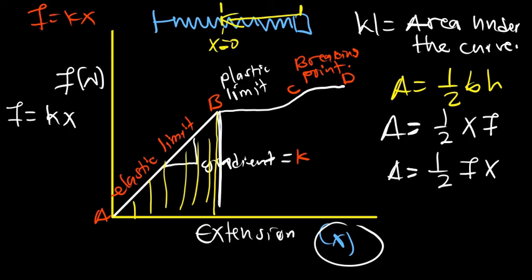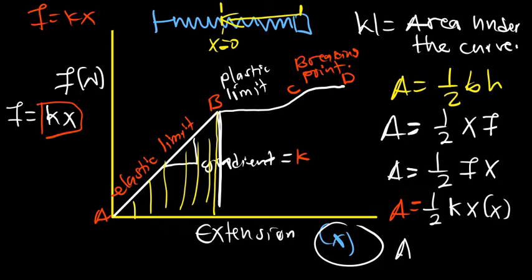So I'm going to replace the force with Kx. My area will be equal to half Kx, and there is another x outside. Meaning area is equal to half Kx times x, which is half Kx squared.